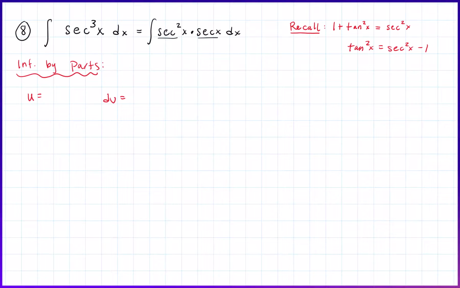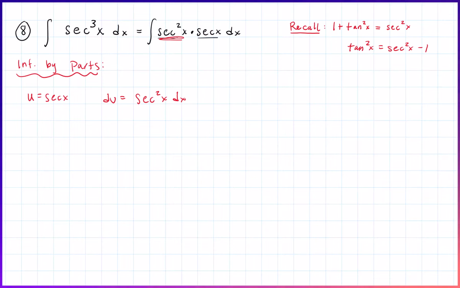Because I'm thinking about functions whose derivatives are easy to find and whose integrals I know, I know the integral of the secant squared of x. That's just going to be the tangent of x. And I know the derivative of the secant of x. So I'm going to set up my integration by parts in that way.